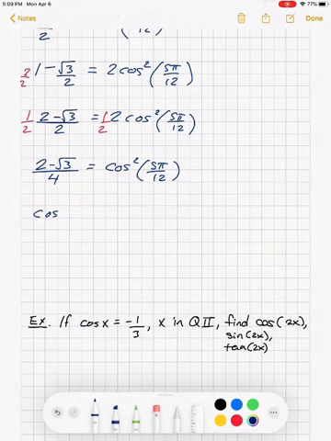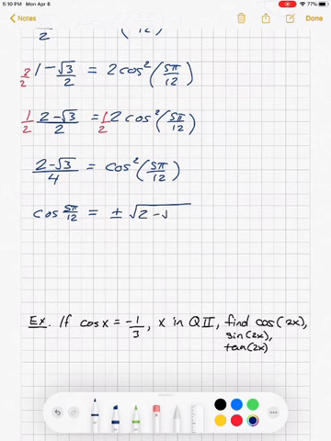Take the square root, and then I have to pick the branch. So numerator stays under the root. Square root of 4 is 2.